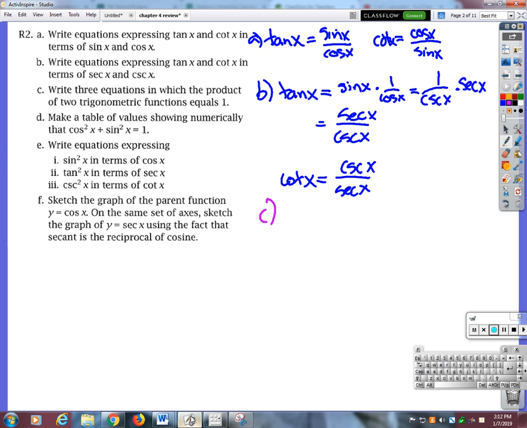Anyway, give me a trig equation. This is saying products, not plus. So if you give me sine, what's the inverse of sine? Okay, so sine times 1 over cosecant equals 1. That's what they're getting at. Does that make sense? Okay, give me another one.